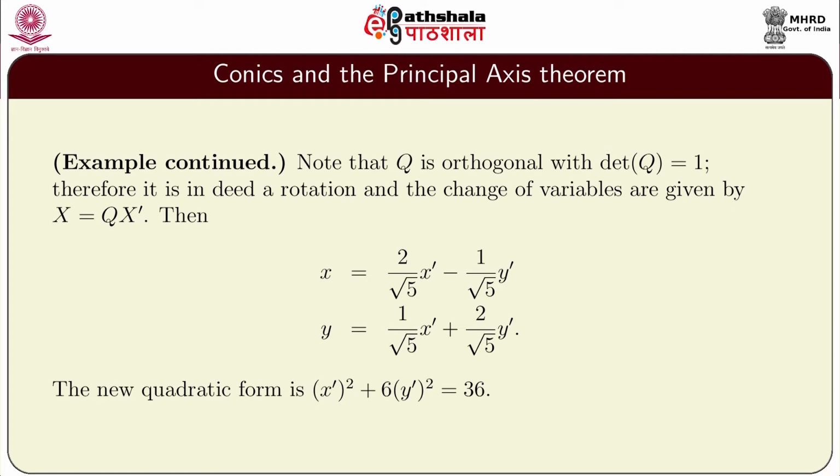Therefore, the xy term is removed, and with respect to the new variables x', y', the new quadratic form is x'^2 + 6y'^2, and the conic is x'^2 + 6y'^2 = 36.